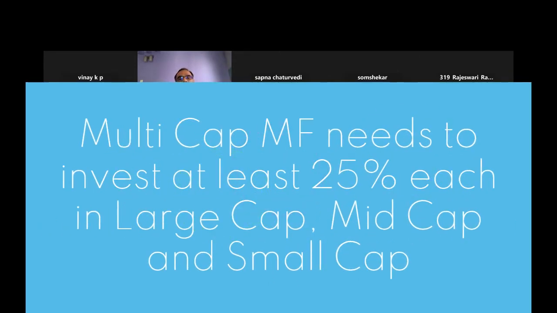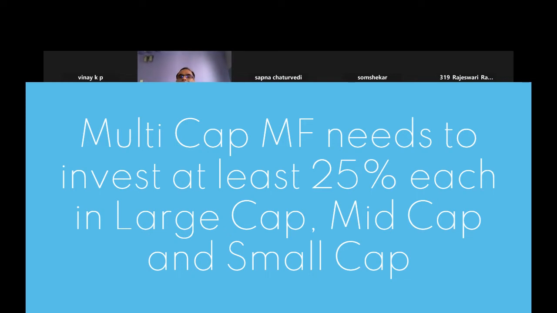And then you have something called multi-cap. There is a subtle difference between the multi-cap and the flexi cap. In multi-cap, you have to necessarily invest a minimum of 25% in large cap, 25% in mid cap, and 25% in small cap. That is the minimum. So 75% goes there.